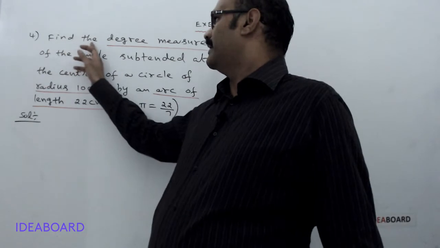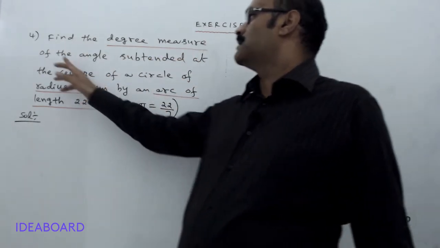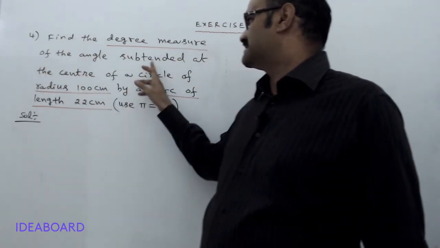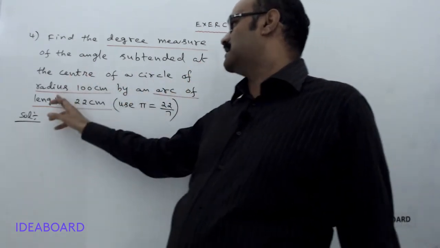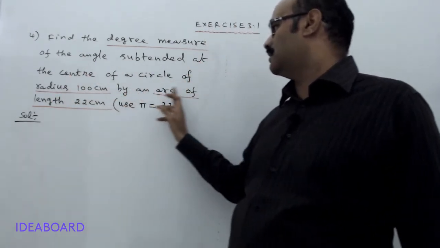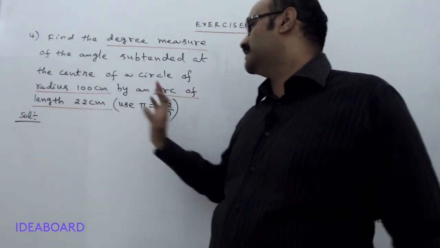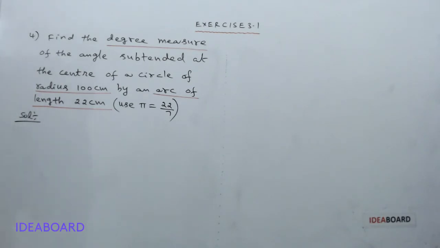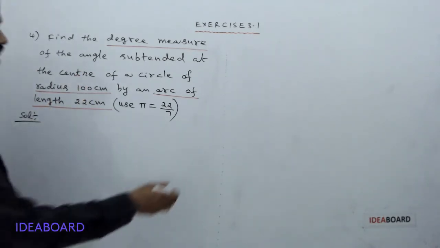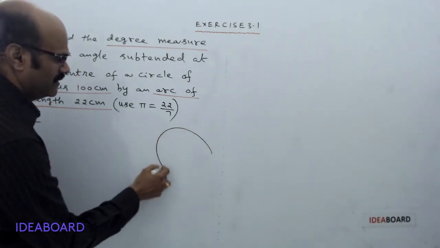Fourth problem. Find the degree measure of the angle subtended at the center of a circle of radius 100 cm by an arc of length 22 cm. Now in the problem it is given that this is the circle we are having.